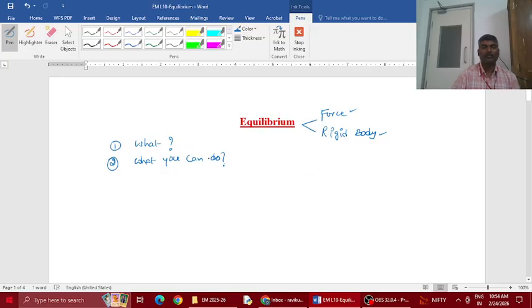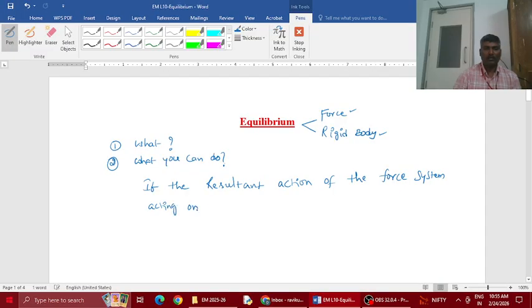Then what is equilibrium? If the resultant action of the force system acting on a body is zero, the body is said to be in equilibrium.